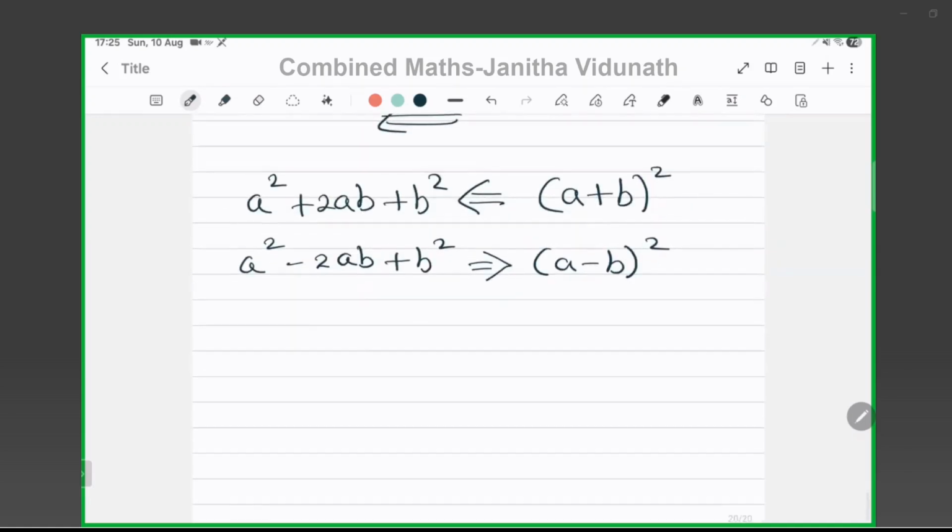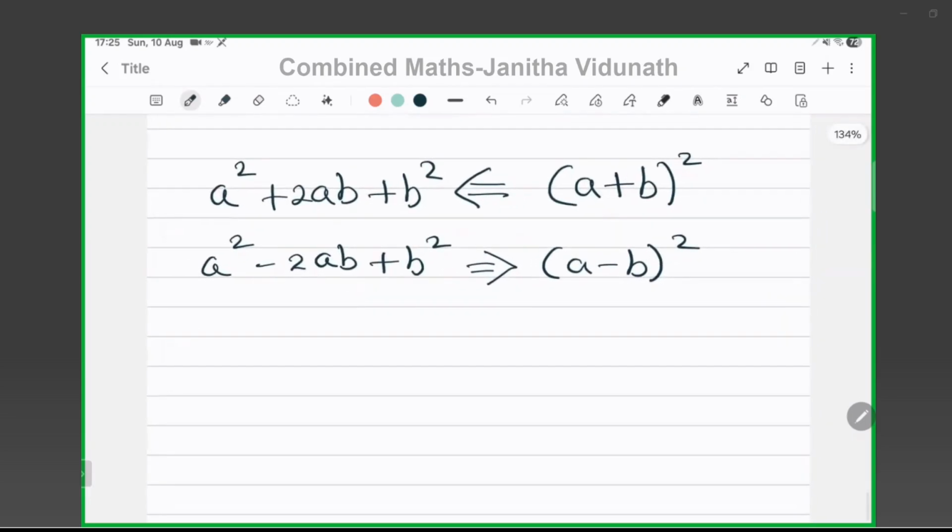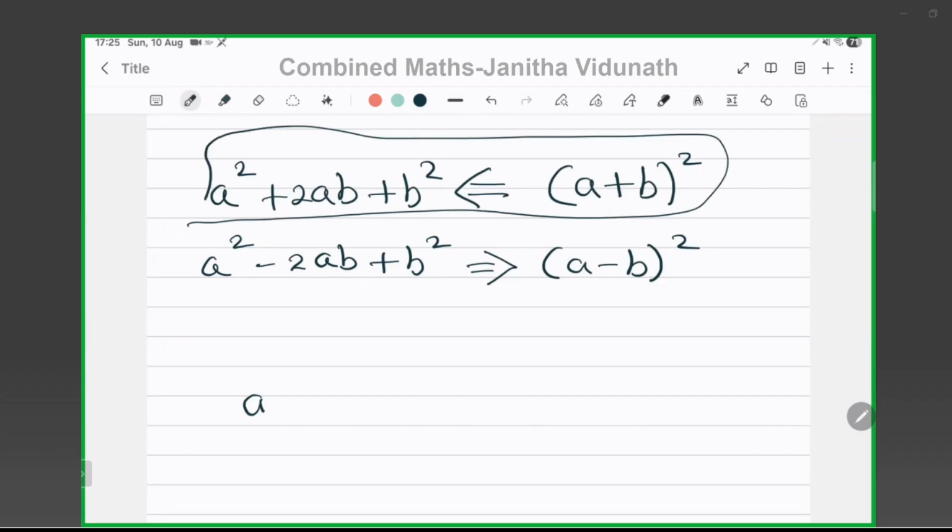Here for reversing the step, we need to identify that there are only three terms. One is a square, another one is 2ab, another one is b square.